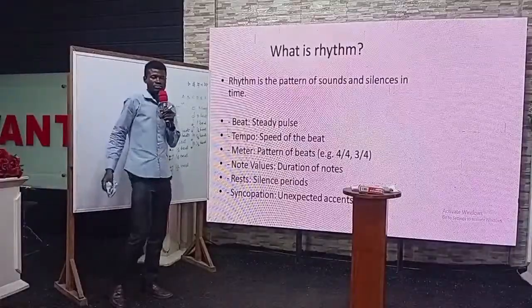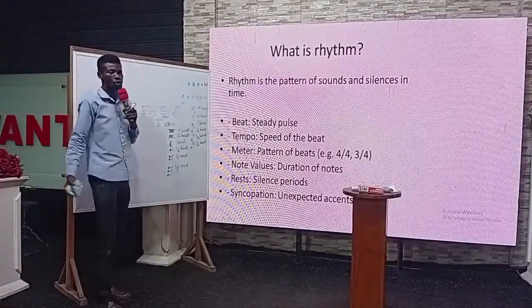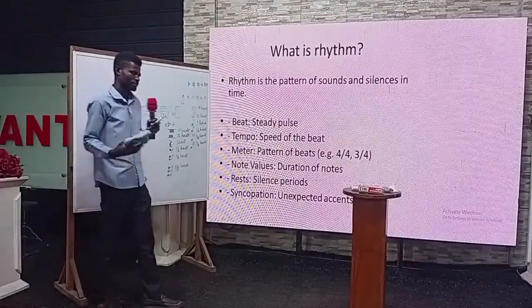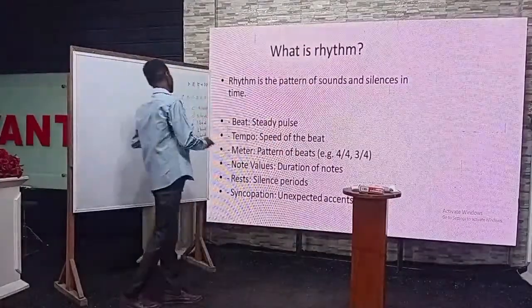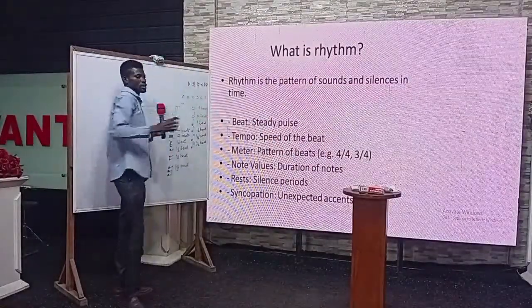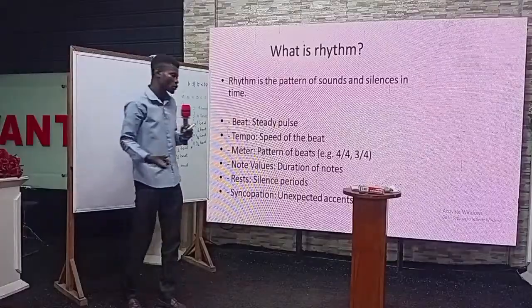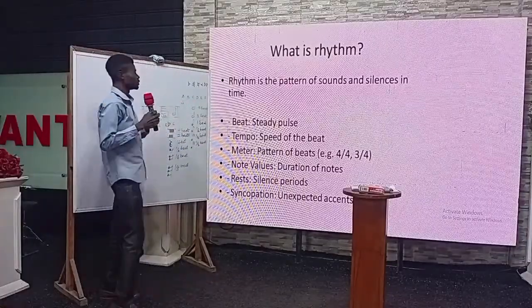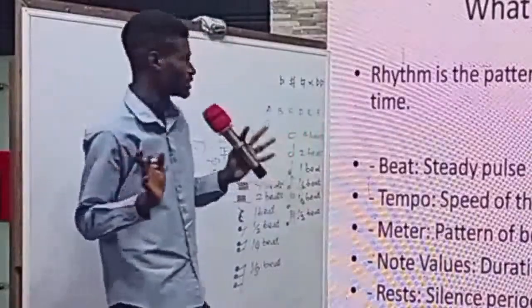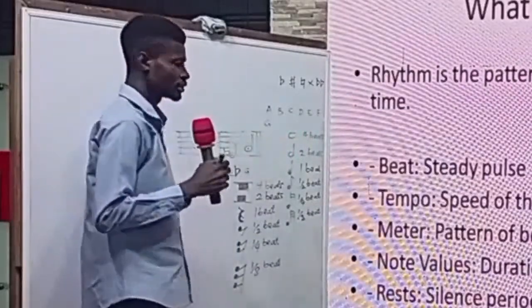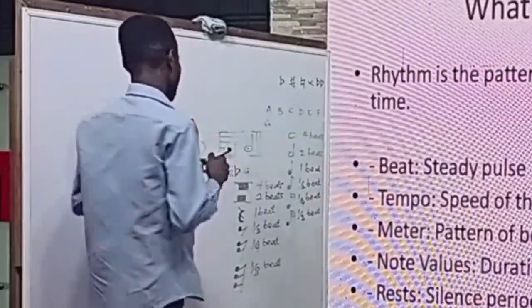We can also define rhythm as the flow of musical sounds. Very simple. What we mean by this is that for us to have a rhythm, we need to combine different sounds and rests together. It is very simple. A rhythm can be as short as this.